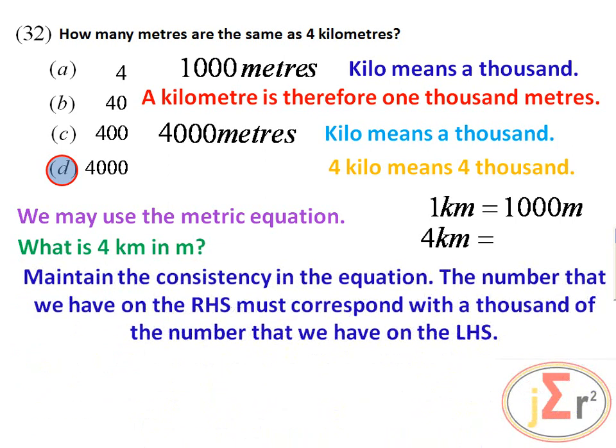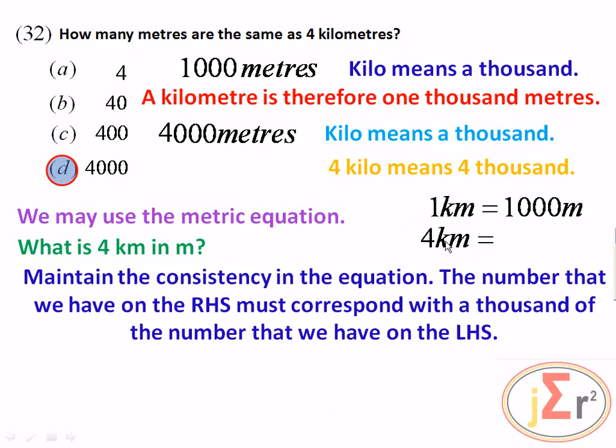Maintain the consistency in the equation. The number that we have on the right hand side must correspond with 1,000 of the number that we have on the left hand side. So when we write an equation like this, 1 kilometer is equal to 1,000 meters. If we put 4 kilometers on this side, then we have to maintain the consistency in the equation. Therefore, we will have what? 1,000 multiplying by 4 on the right hand side.